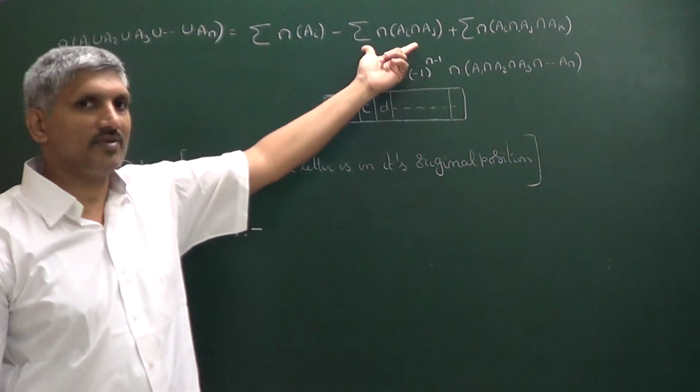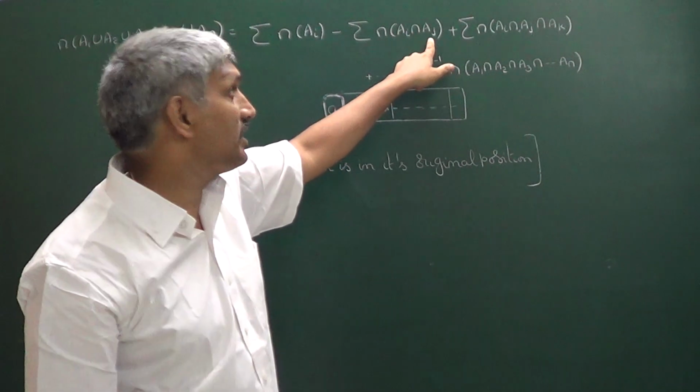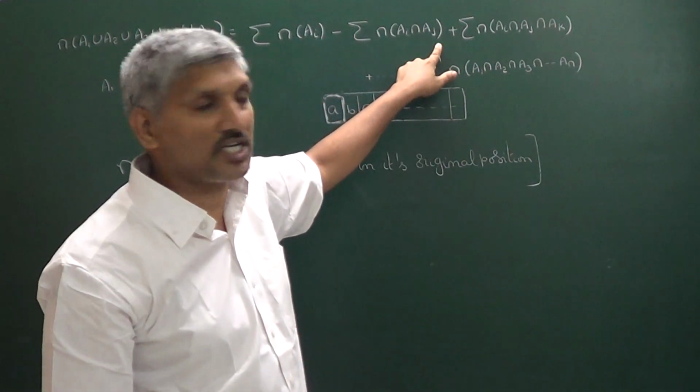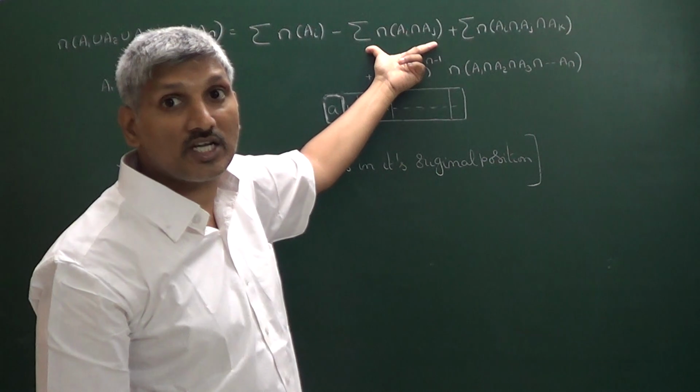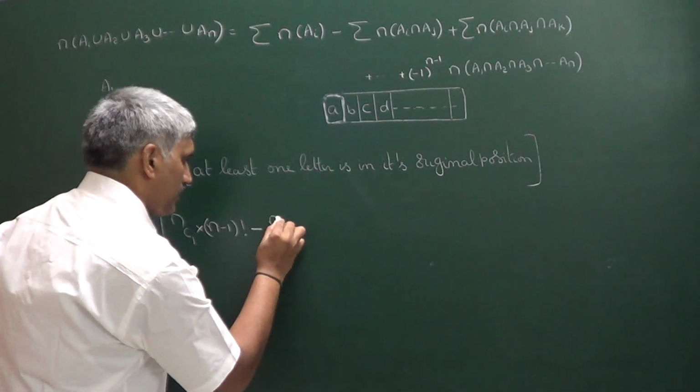Minus. Now what to do here? Ai intersection Aj: in this summation, total NC2 elements are there.